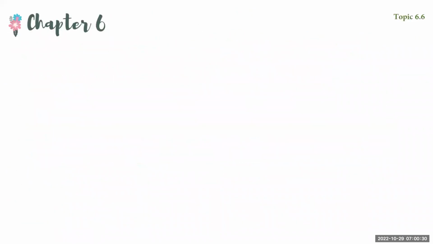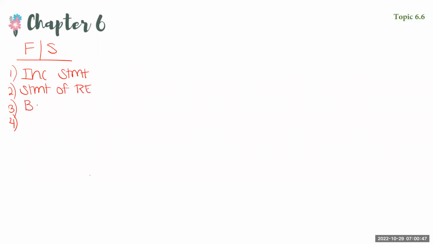All right. So when we first started off our wonderful financial statements, we were introduced to 4. We had our income statement, our statement of retained earnings, our balance sheets, and our statement of cash flows, which we get to later.